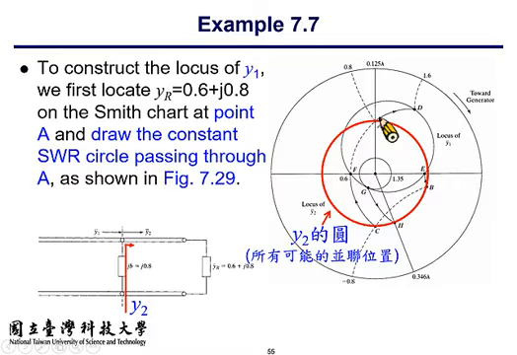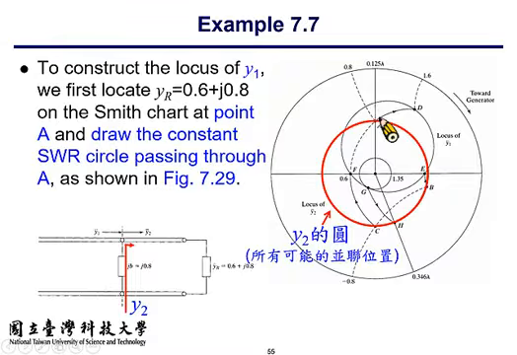Then the sum of the two equals 0.6, which means it will move to point F. Why? Because F is the intersection of the G equals 0.6 circle and the horizontal axis. Horizontal axis means there's no susceptance; the imaginary part is 0. So if you connect this shunt element at point C, the admittance becomes 0.6 only. So it will move from this point to point F, okay?